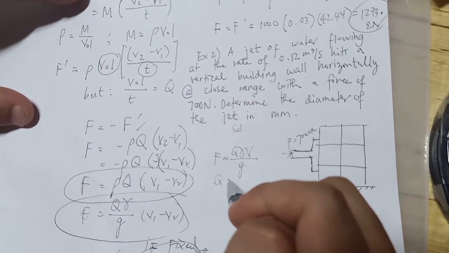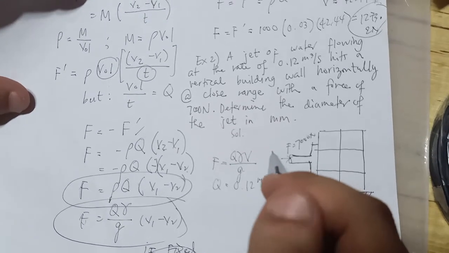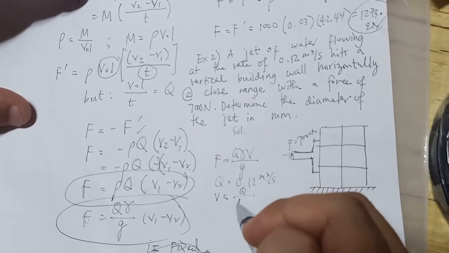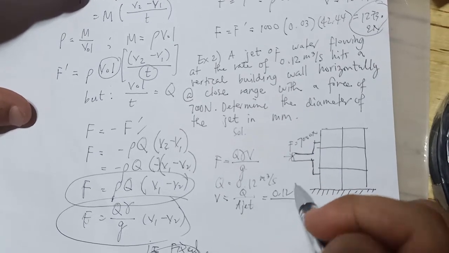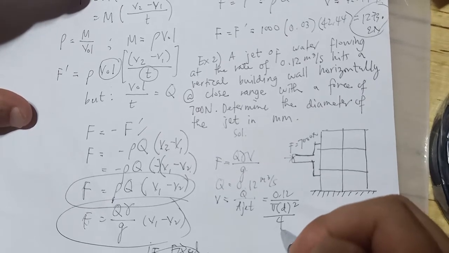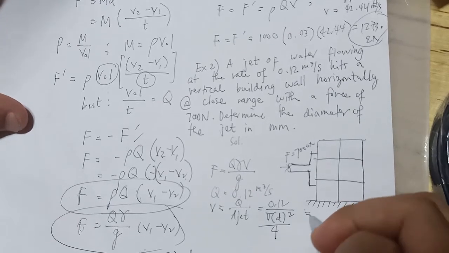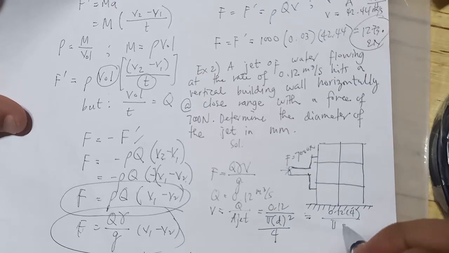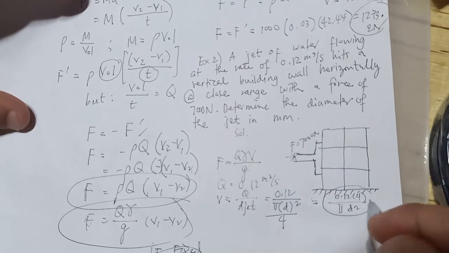So take note that Q is equal to 0.12 cubic meter per second, and V is Q over area ng jet, diba? 0.12 over pi times D squared over 4, or simply 0.12 times 4 over pi D squared. Right? So this is the value for V.